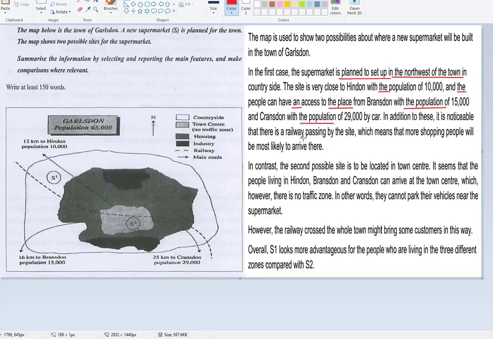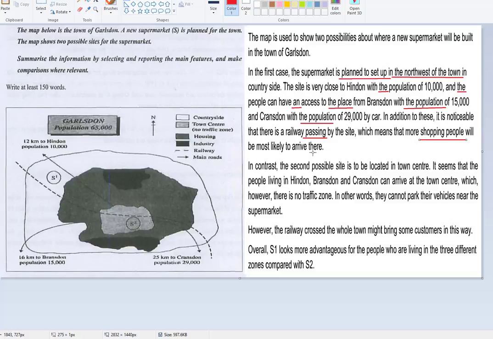There is a railway passing by the site. I don't know why it's not passes. It's noticeable that there is a railway which passes the site, which means that more shopping people, I don't know what shopping people are, consumers, customers, will be most likely to arrive there.